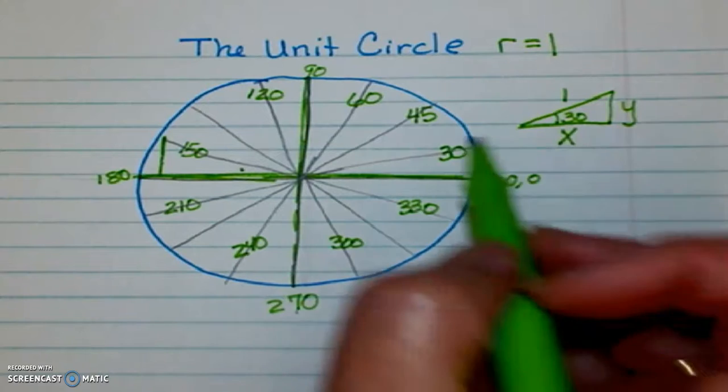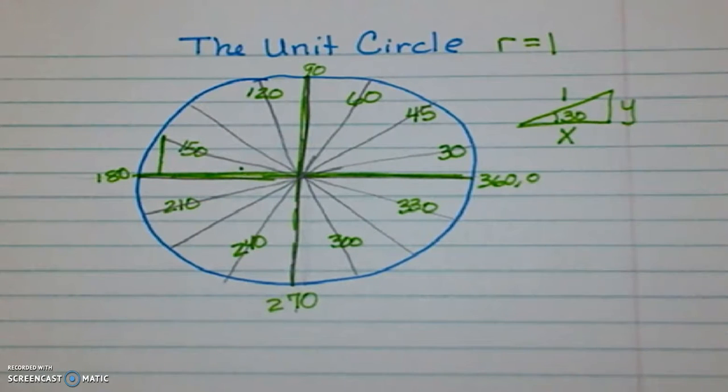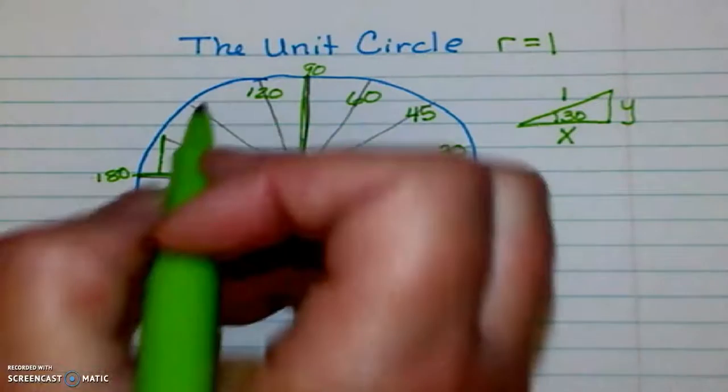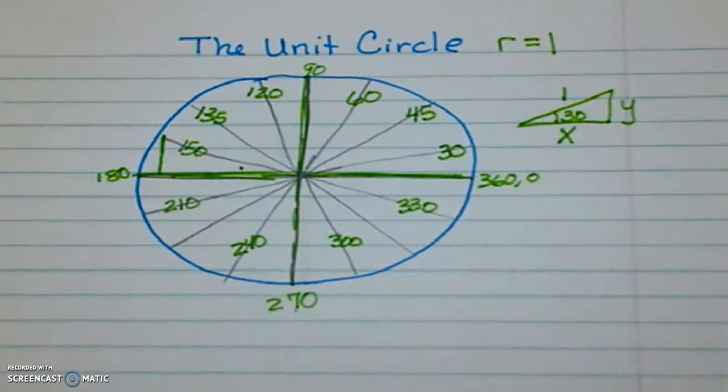The other thing you can do is count your 45-degree angles. So you have 45. If you go another 45, you are at 90. If you go another 45 degrees, that puts you here at 135. If you go another 45 degrees, you're going to be at 180, which I already have marked for us.